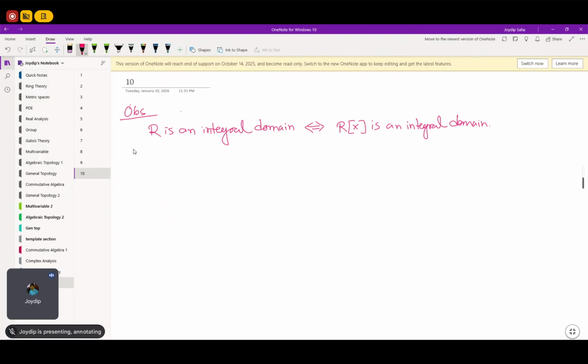For example, derivation modules, G-modules, and Weyl algebras are non-commutative, and this theory also has huge applications. But right now I focus only on commutative rings.